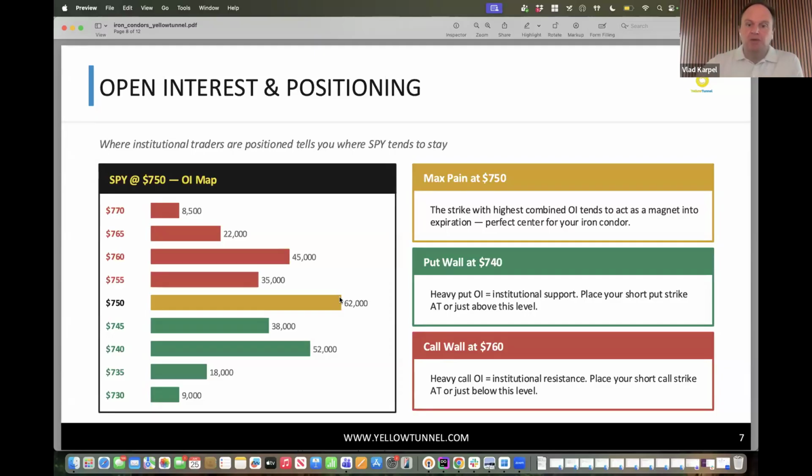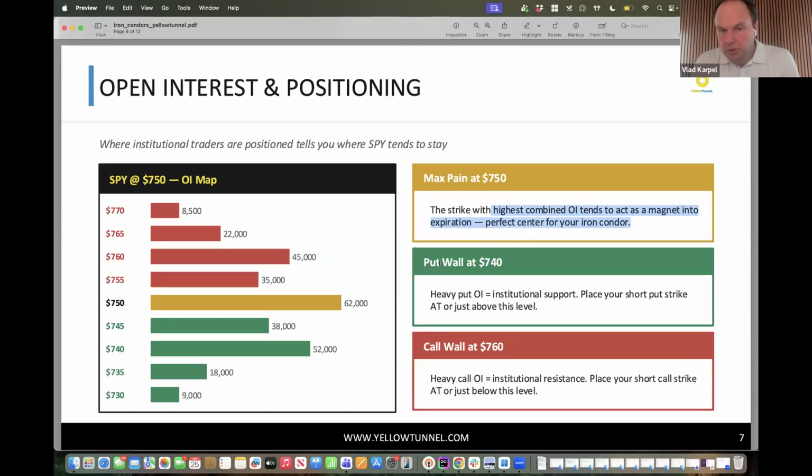As we're approaching close to 8,000, the highest open interest is actually at 8,000, but you might not get enough premium to sell the 800 strike on SPY or 8,000 on SPX. But positioning is very important, right? You want to look at the max pain point, with the highest combination of open interest. It tends to act as a magnet into expiration, right? Perfect center for your iron condor.